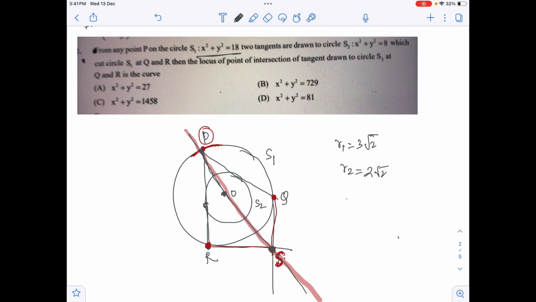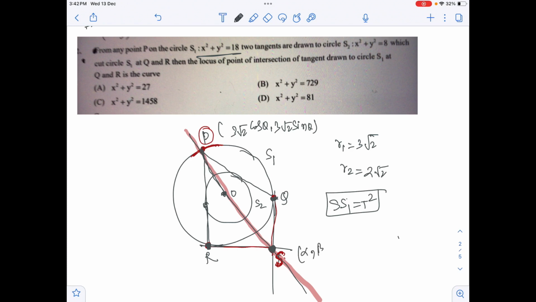One way of solving this question could be that you take a point P as, let's say, 3 root 2 cos theta and 3 root 2 sin theta, some random point. From here you draw the pair of tangents, SS1 equals T square, and solve the pair of tangents with the circle S1 to get points R and Q. Once we get R and Q, we can again find the tangent lines to the circle S1 at those two points and find the point of intersection.